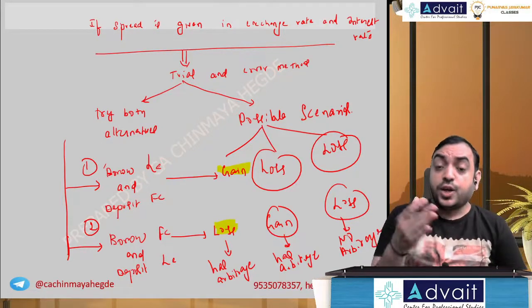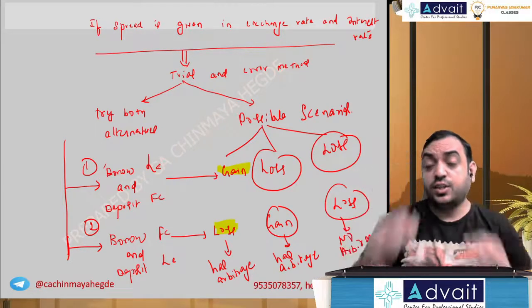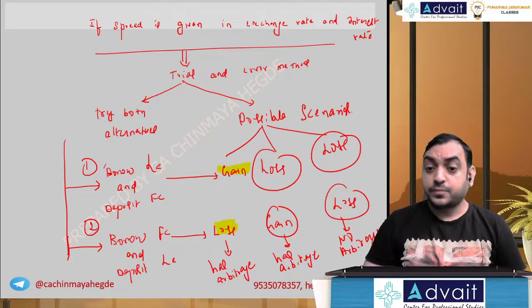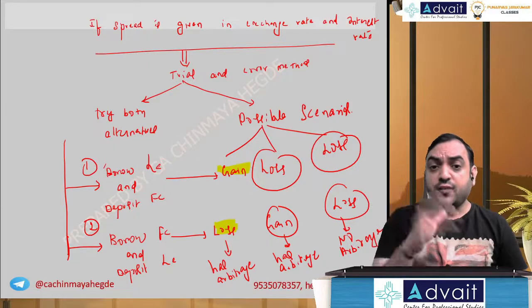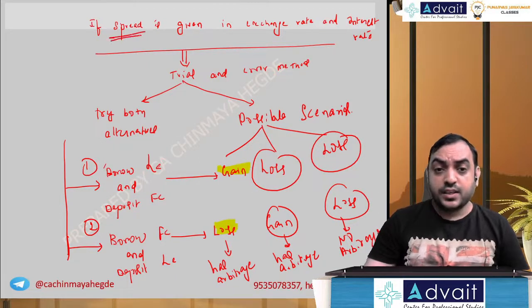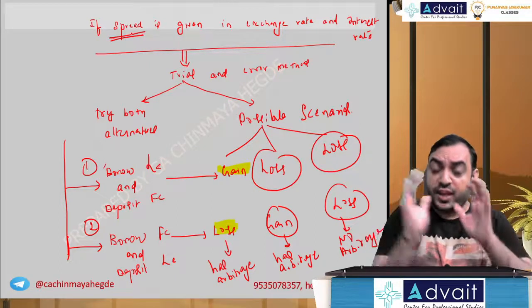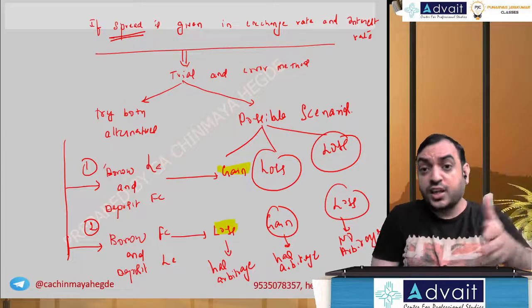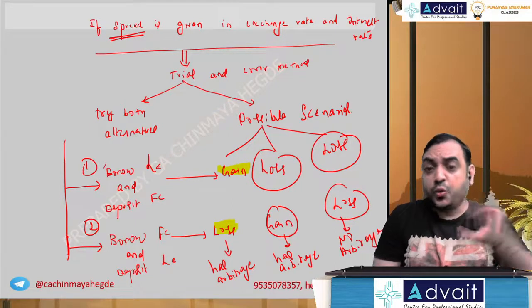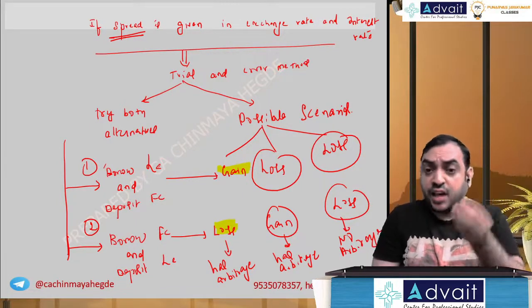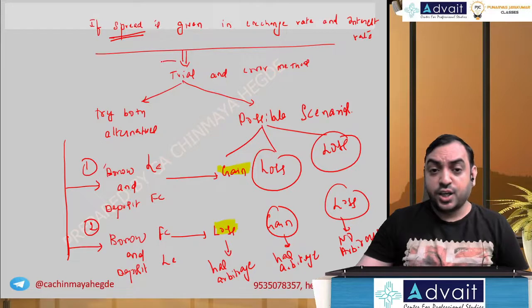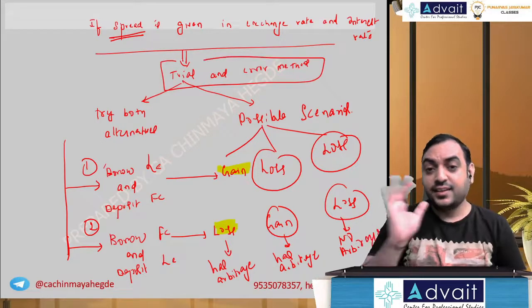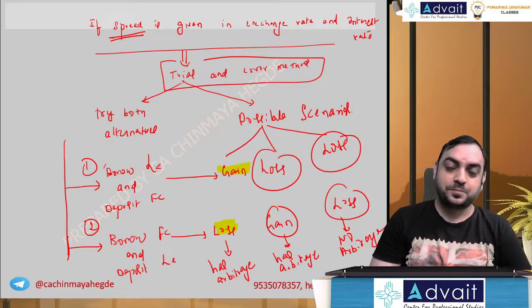That can happen when your implied rate is between the two spreads given. But anyway, don't think of those things. When they give you a spread in interest rate or exchange rate, try both the alternatives. If both are losses, no arbitrage. If you find an arbitrage gain in one of the places, then there is an arbitrage opportunity. So if a spread is given, we have to follow the trial and error method.